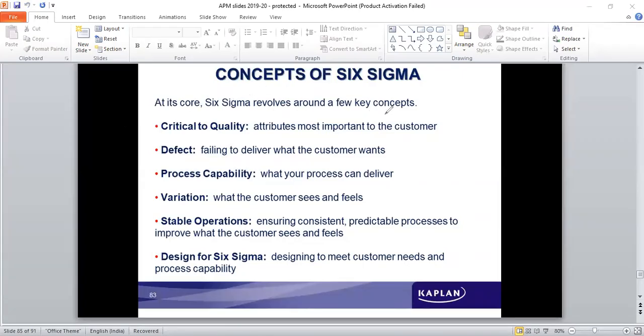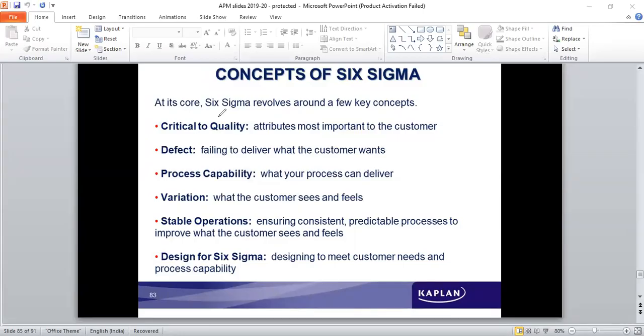Six Sigma revolves around a few key concepts. First one is critical to quality. So they have also identified that quality services were not provided to the customers. Therefore, they want to work in those areas and provide better services to the customers. So then critical to quality, any defect failing to deliver what the customer wants.